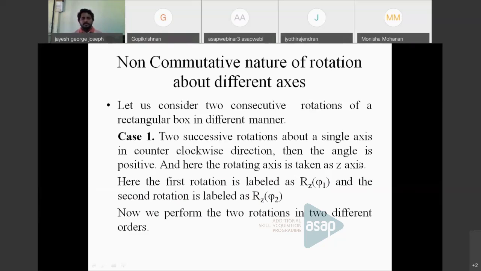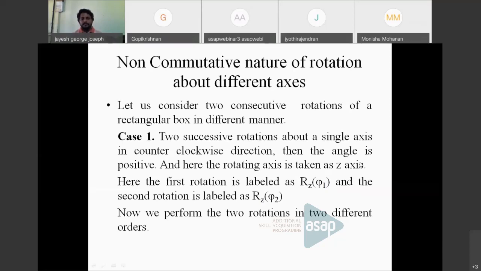And here the rotating axis is taken as the z-axis. Here the first rotation is labeled as Rz of phi1, and second rotation is labeled as Rz of phi2. Here the suffix z denotes axis of rotation, and phi1 and phi2 denote the angle to which it rotated.